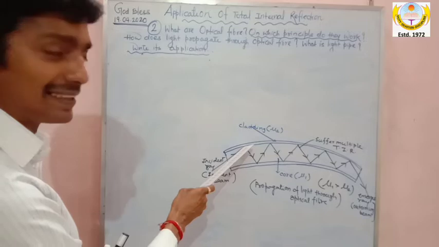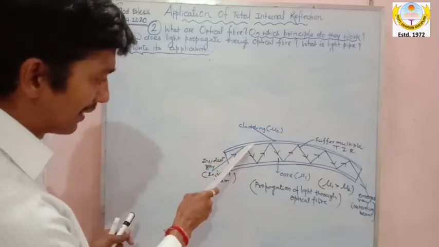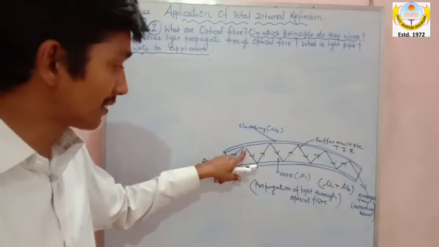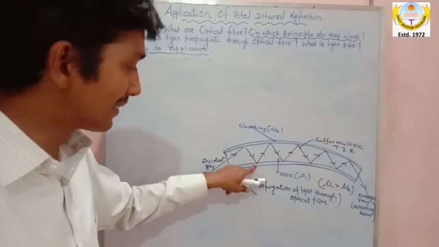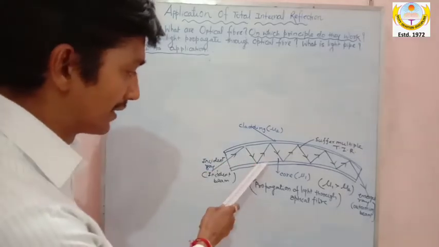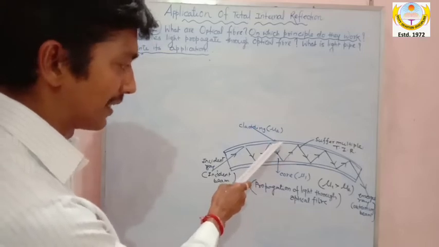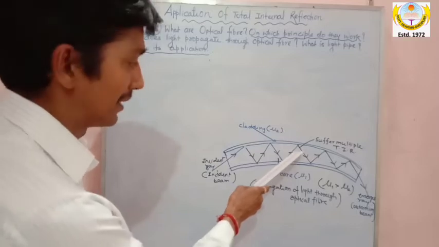It passed inside. You can see here the ray falls at this point and suffers total internal reflection. Again at this point it suffered total internal reflection, and it went here. Again here it suffered total internal reflection, and it came here. Here it suffered total internal reflection, and it went there.